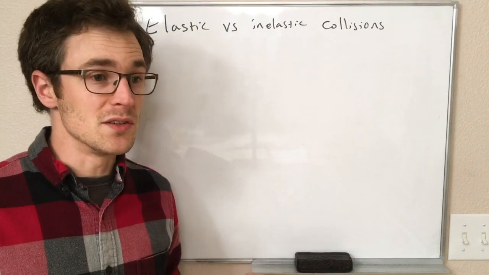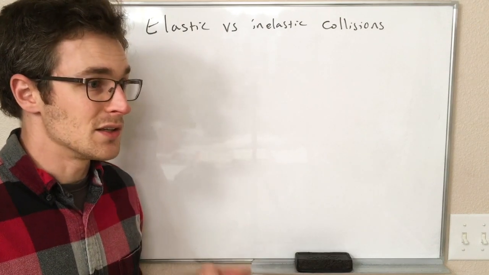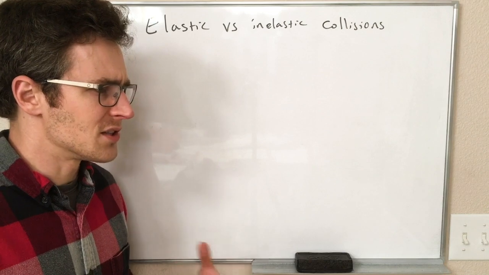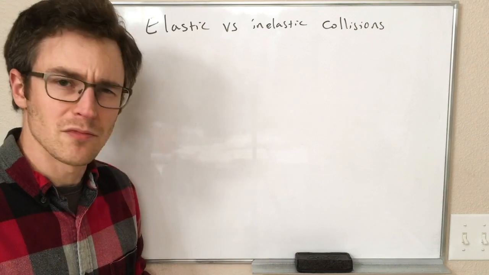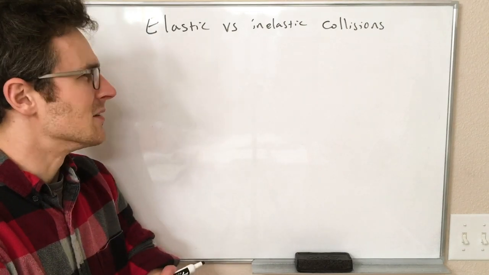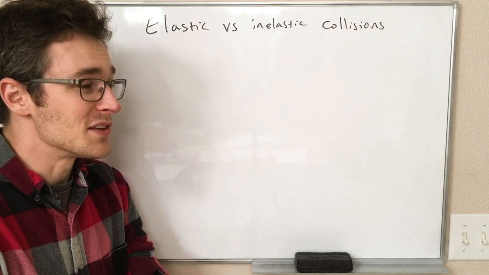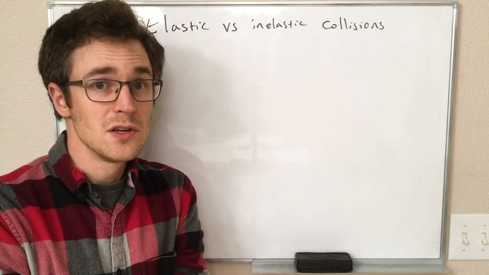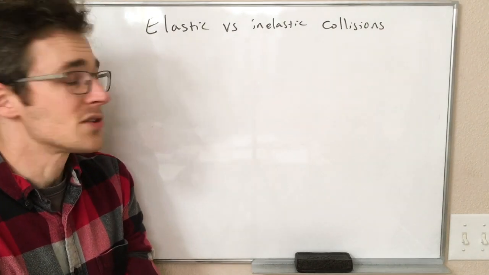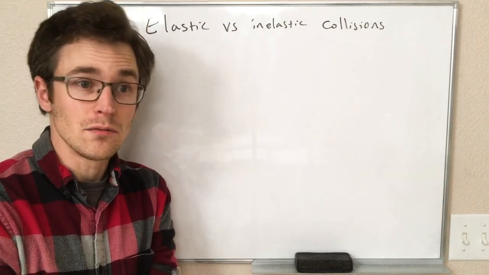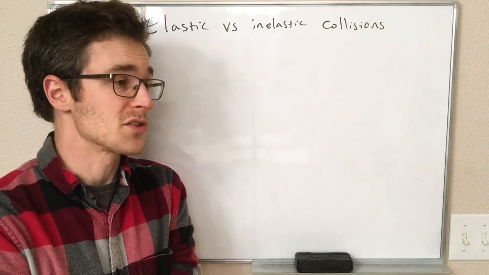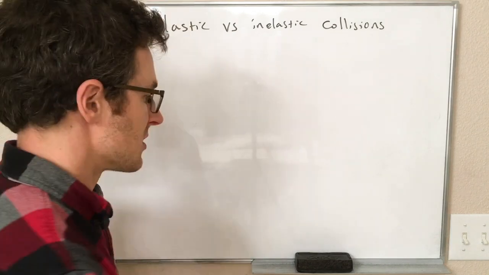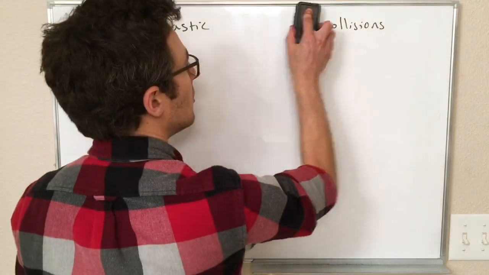What that means is the fact that it is elastic is giving us information that's kind of forcing one of the velocities to be a particular value. And the result is that for elastic collisions, we only need to know two of the velocities. So if we know two of the velocities and that it's an elastic collision, we can solve for the other two velocities. And that's what we're going to do next. So I just wanted to prep you for that.